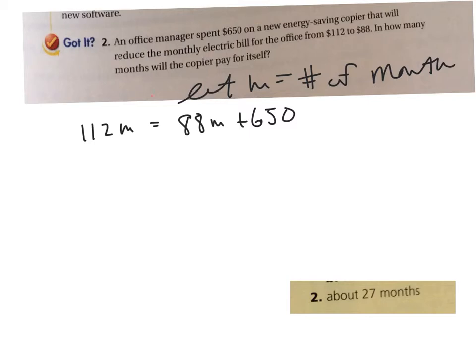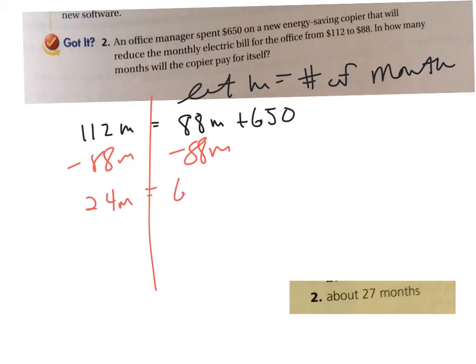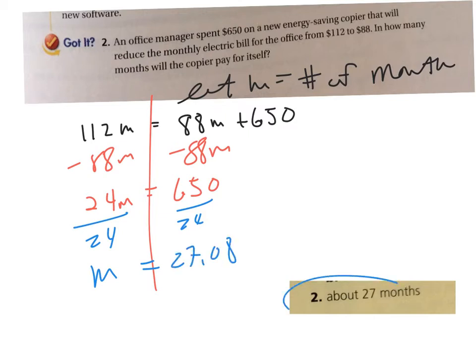So solution here, subtract the 88M from both sides. That leaves us with 24M on the right side, just 650. Divide off that 24, and M is like 27.08. So it's about 27 months. Don't forget to label there. About 27 months.